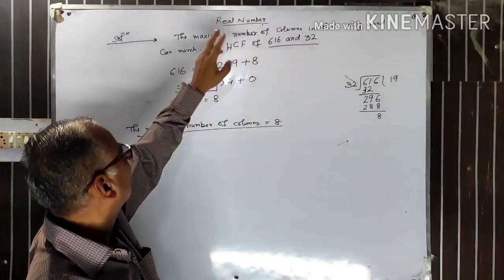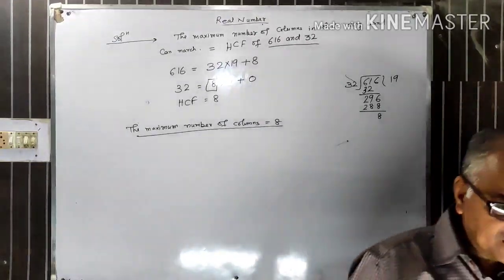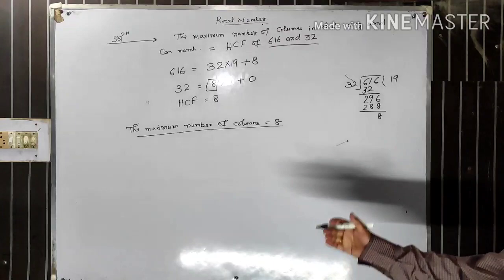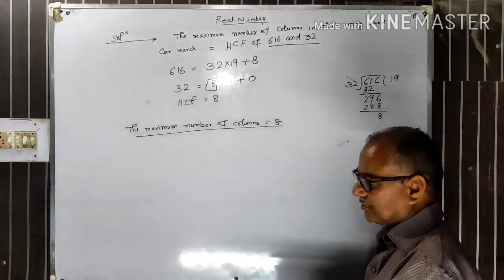नाउ एक बार फिर देखिए कि 616 मेंबर्स हैं, 32 बैंड के मेंबर हैं. इनको कितने नंबर ऑफ कॉलम्स में, मैक्सिमम कितने नंबर ऑफ कॉलम्स में ये मार्च कर सकते हैं?